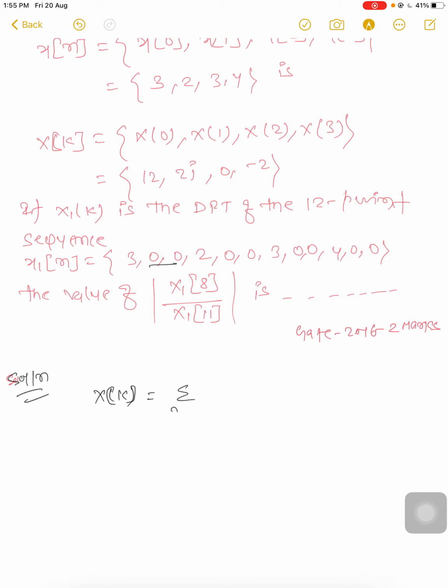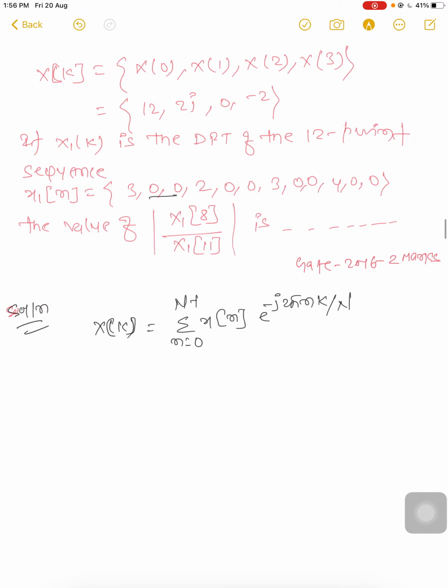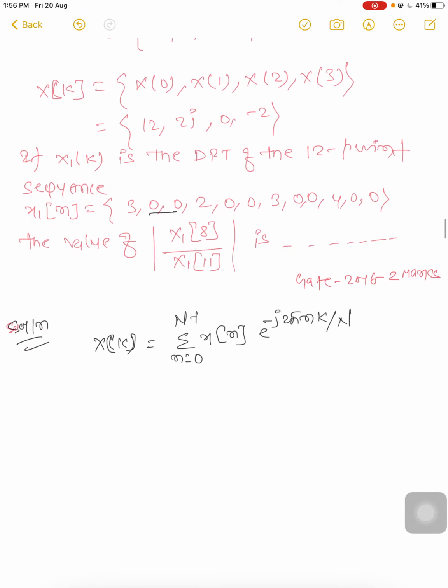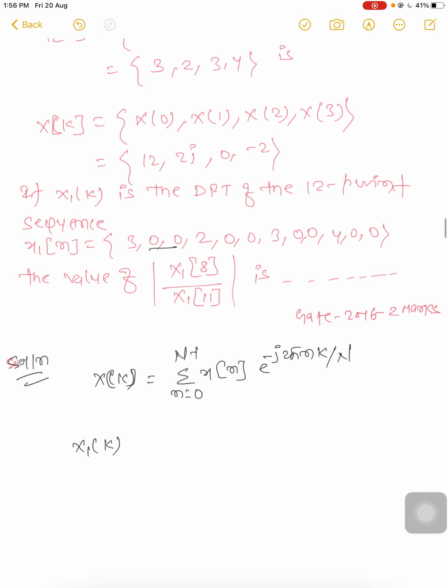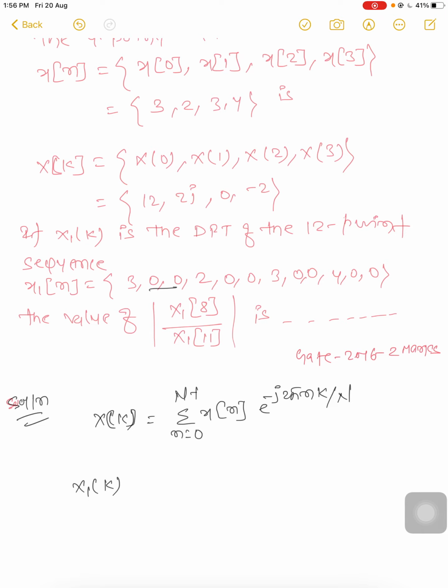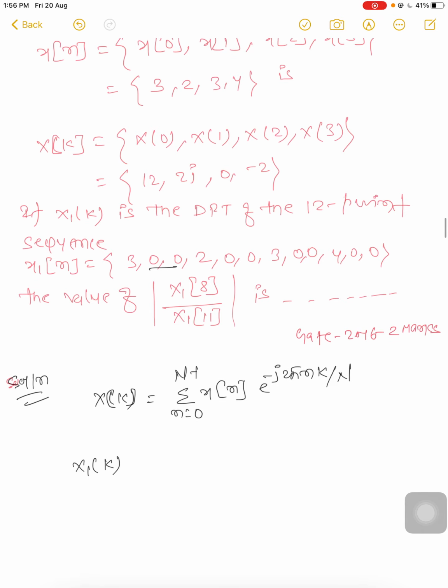We know that Xk is the summation of n equal to 0 to capital N minus 1 of xn e to the minus j 2 pi nk upon N. Okay, so when you take the X1k, it will be the same.